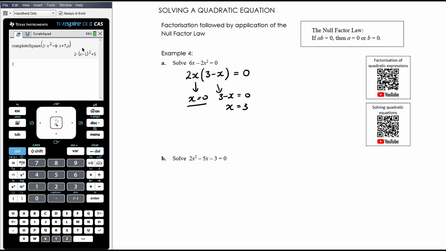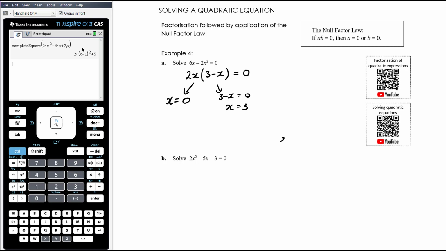Okay, the whole idea is things multiplying together to equal 0. Each one or other or all of those things has to be equal to 0. You don't need to write out this step. Yes, you can go straight to writing down x equals 3, but again, be really mindful about what it is that you're actually doing. The null factor law comes up in all sorts of other areas, and if you don't understand what it is and what it's doing, you don't think to use it in those other areas.